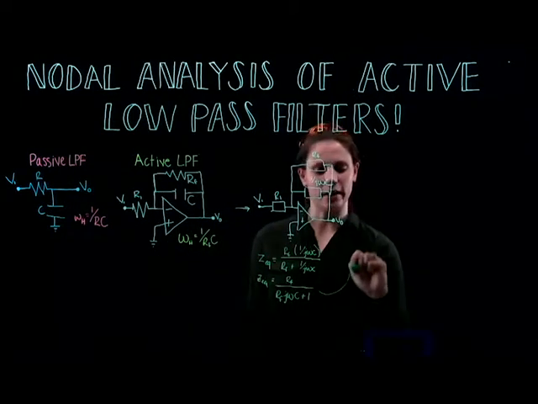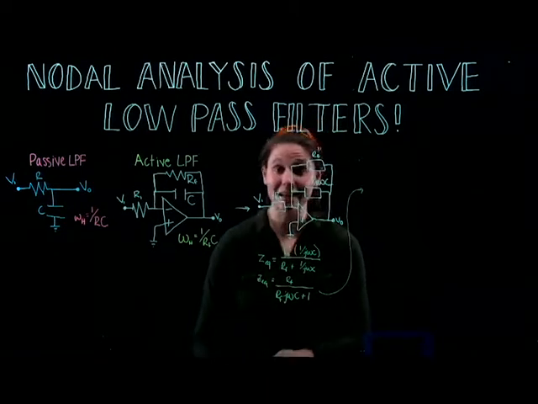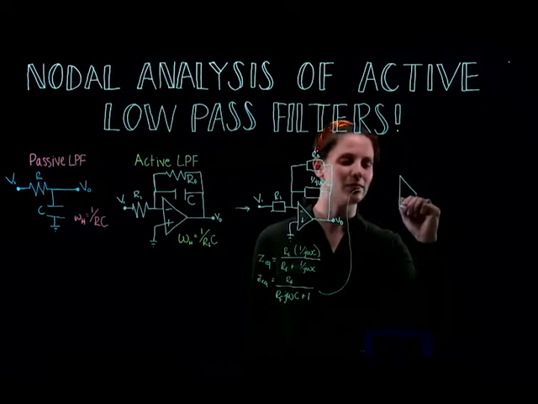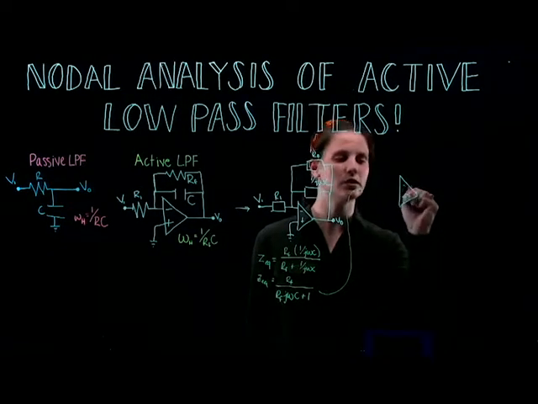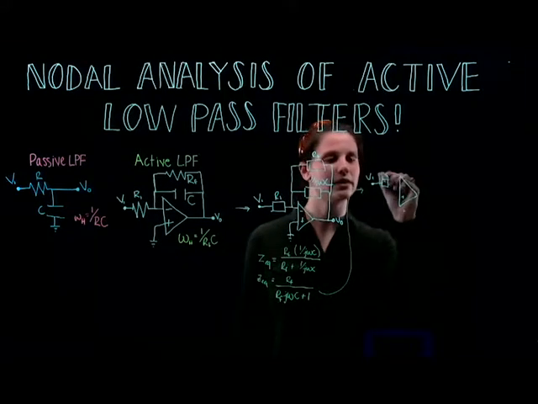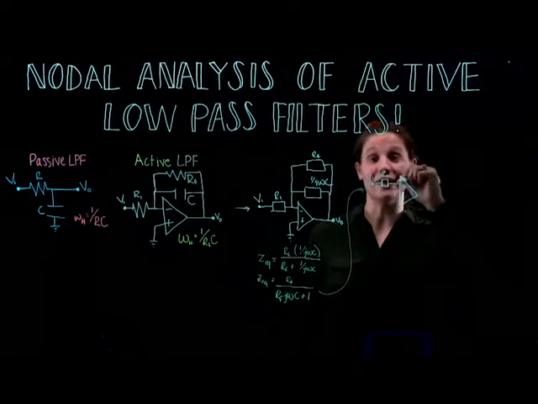Okay, so now we're going to go up here and redraw the circuit yet again into something that's even easier to analyze. This time we'll have our same op-amp, the same voltage source, V1, and the same resistor, R1. We're going to wire that into the inverting terminal.